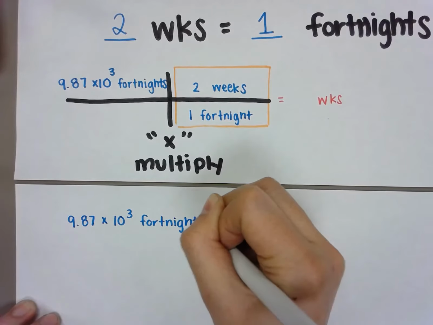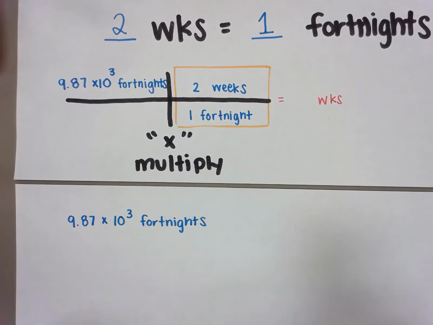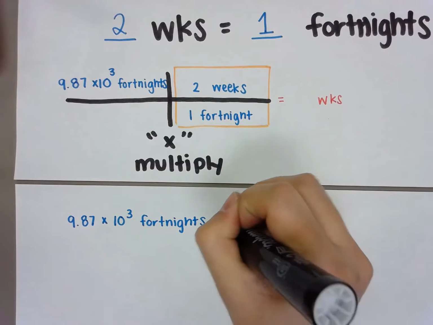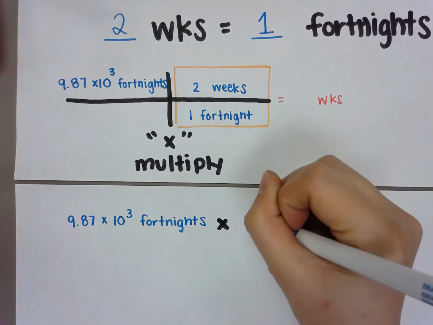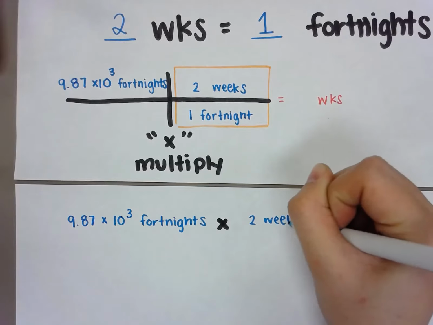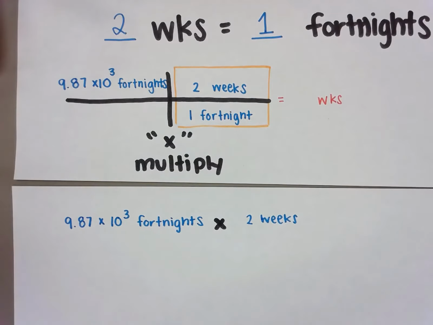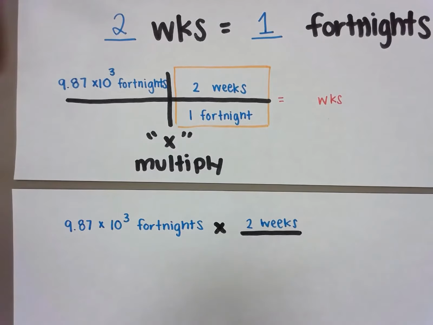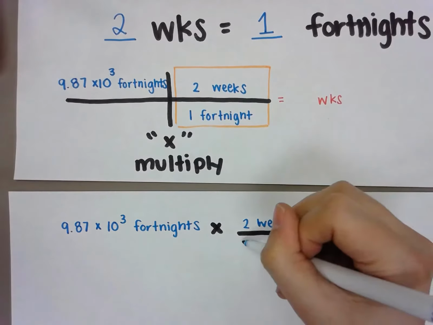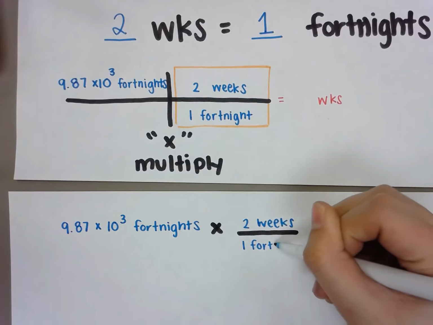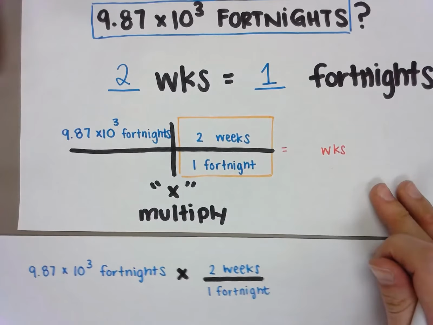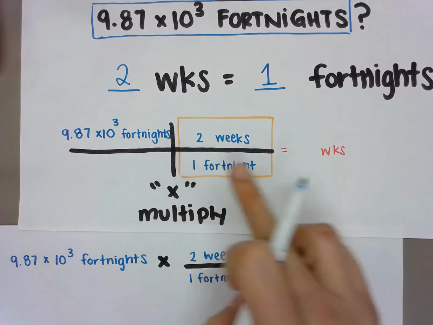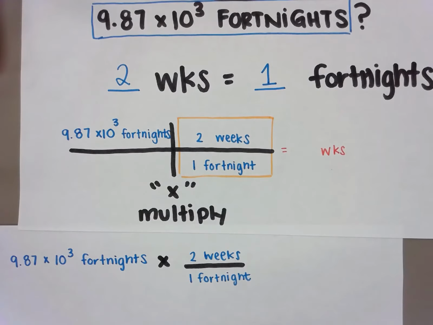And if you were to write this out in regular math, you would be writing the multiplication sign right there, and then you would be writing that same fraction, that conversion factor, 2 weeks divided by 1 fortnight. So I haven't done anything different. I've just set this up a little bit differently with this crisscross method.